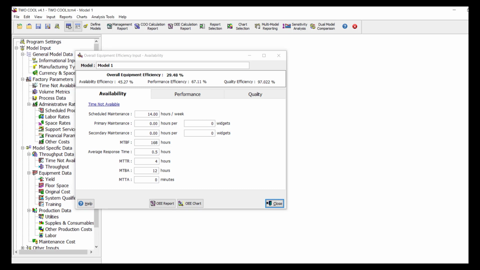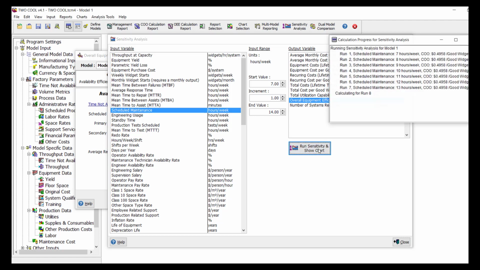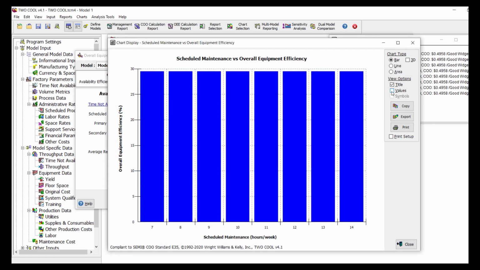We can use sensitivity analysis to measure the impact of these factors on overall equipment efficiency. On the Availability tab, let's examine scheduled maintenance to see if reducing it by 50% has a significant impact. As you can see, that has no real effect on overall equipment efficiency given all the other data.